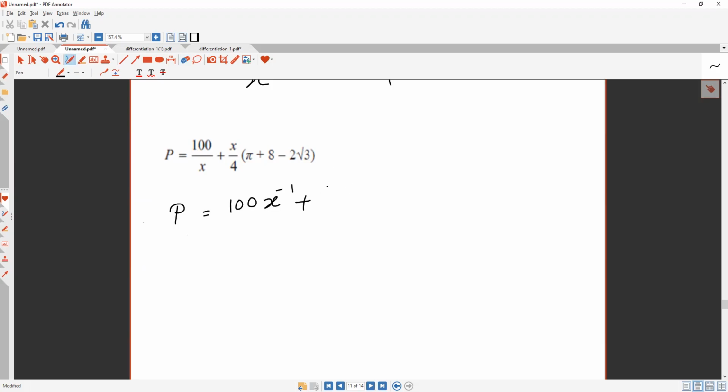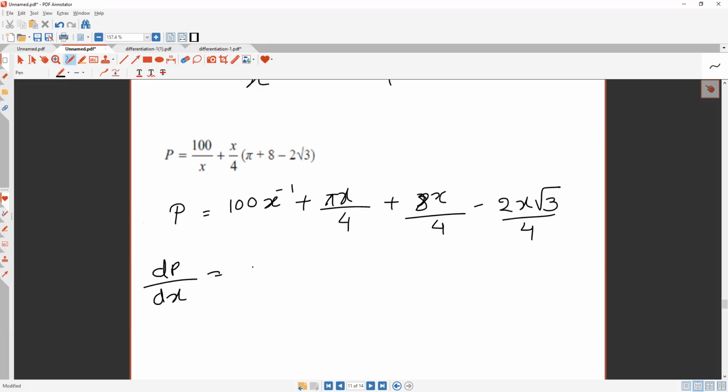Always do that. Pi x by 4, 8x by 4, minus 2x root 3 by 4. Okay, so if I do dP by dx, it's going to be minus 100 divided by x square, because minus 1, minus 1 makes minus 2, and the minus 2 below becomes plus.